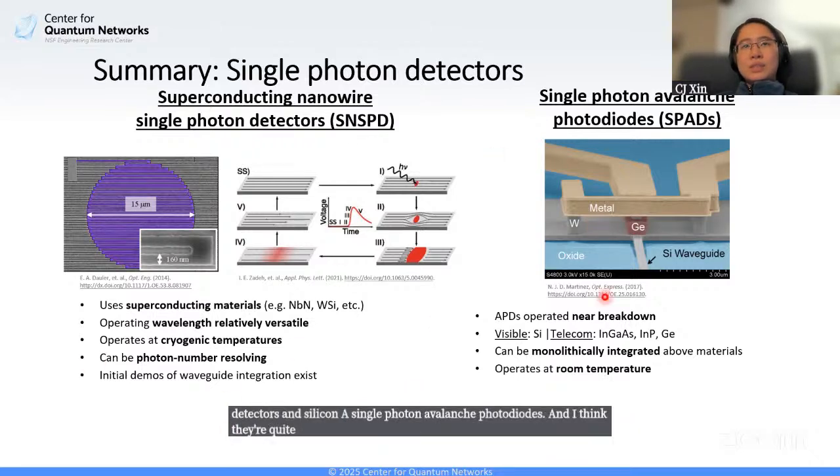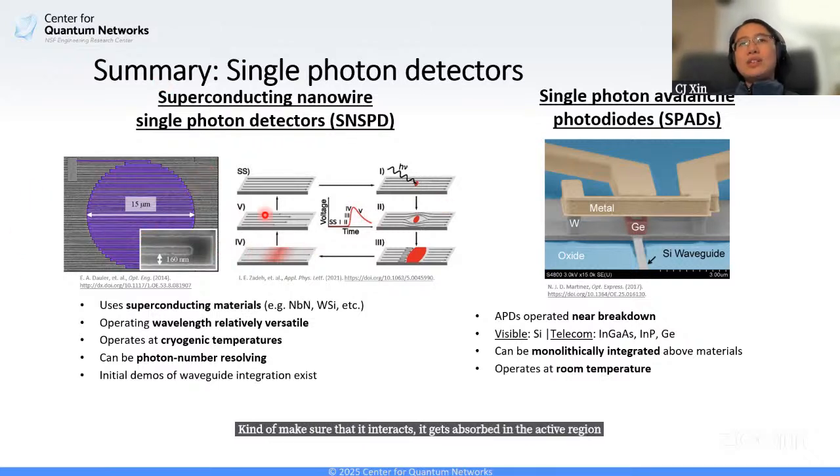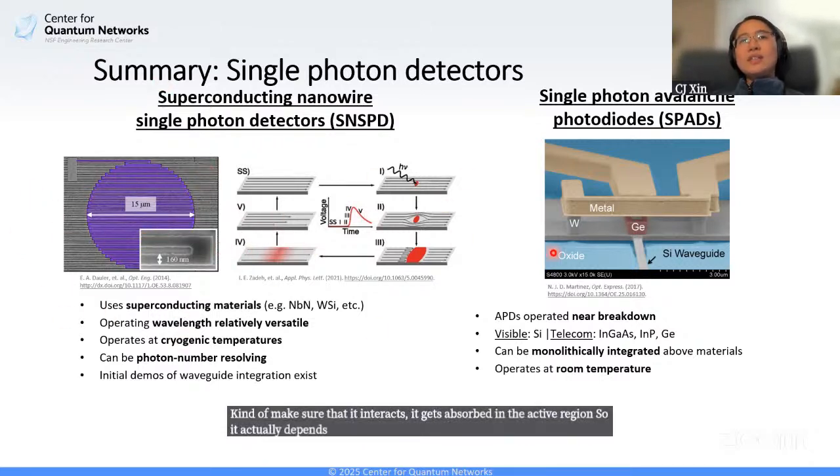For superconducting materials, your wavelength is relatively versatile. Usually what determines the operating wavelength is that you sandwich your photon in a little cavity to make sure it gets absorbed in the active region, so it depends on what wavelengths the cavity is designed for.